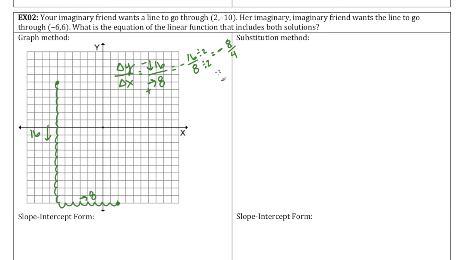So I'm going to write this a little differently. I'll write negative 16 over 8, and instead of dividing by 2, I'm going to divide by 4. You can divide by 2 like I just did and then reduce. I'm just running out of space here.